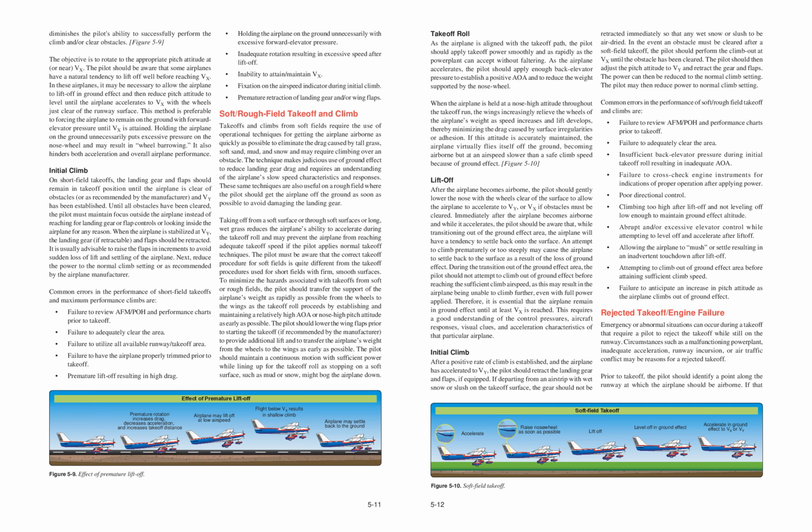During the transition out of the ground effect area, the pilot should not attempt to climb out of ground effect before reaching sufficient climb airspeed, as this may result in the airplane being unable to climb further, even with full power applied. Therefore, it is essential that the airplane remain in ground effect until at least VX is reached. This requires a good understanding of the control pressures, aircraft responses, visual clues, and acceleration characteristics of that particular airplane.